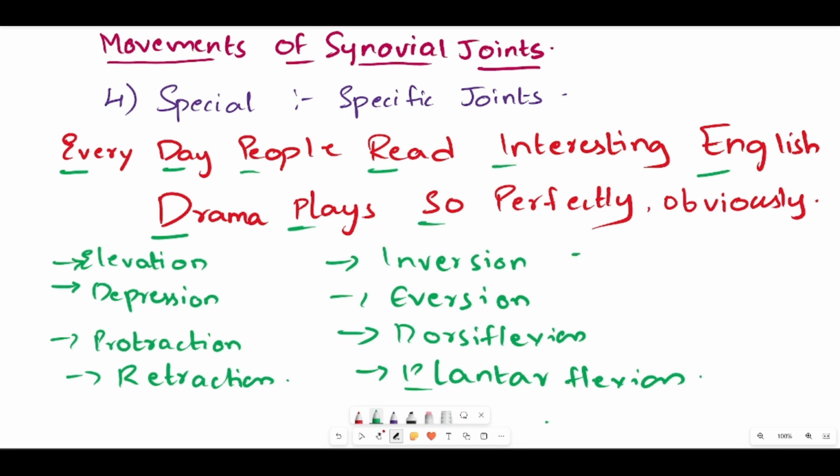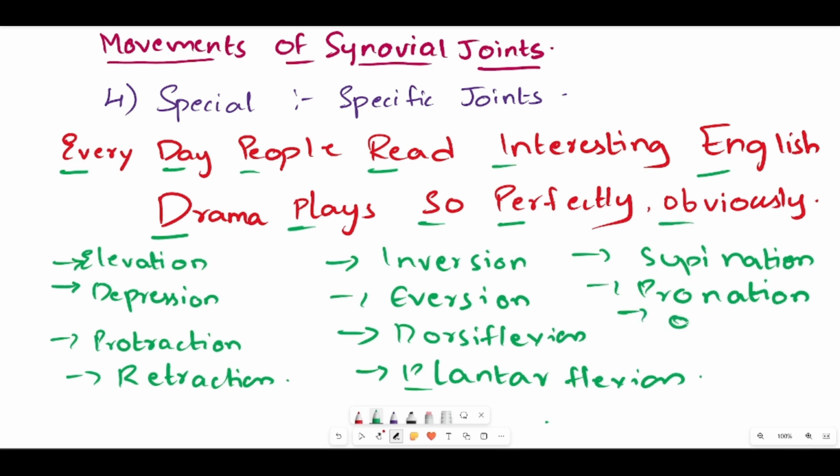Then we have S again, where S means supination. Supination is simply keeping your palm up. Then we have P. P is pronation. It is keeping your palm down. Then we have O. O is opposition. It is the thumb touching the fingertips.